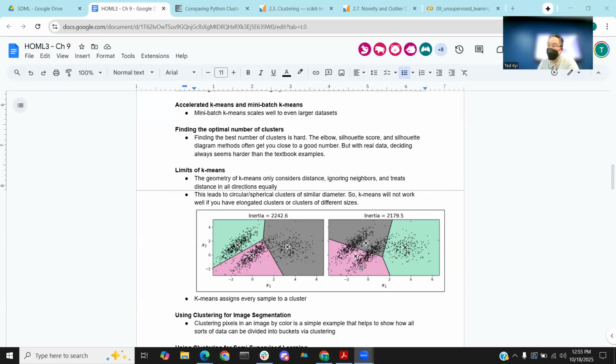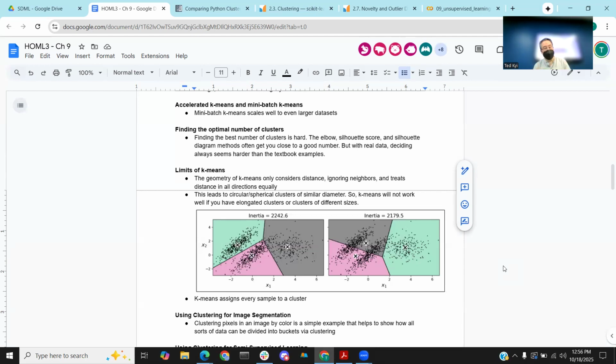But no, k-means would always just be as the crow flies distance. The aeronautical distance.